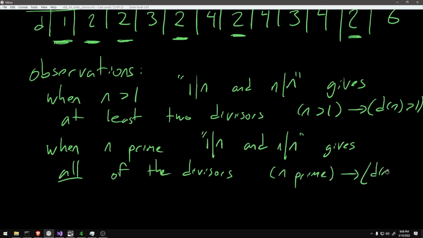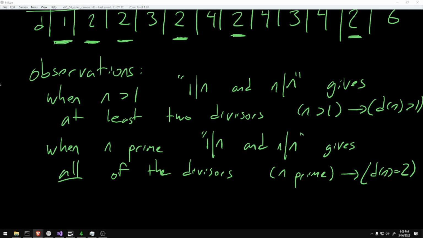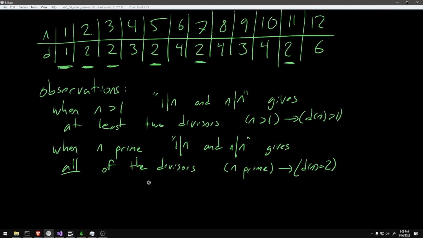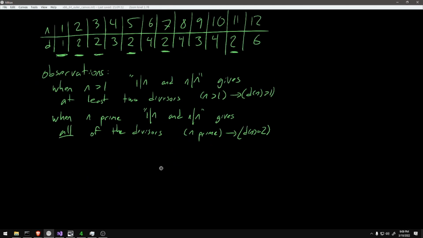Then I notice that if n is any prime, you'll get exactly 2 divisors, because 1 divides n and n divides n, and since nothing else can divide n, since we said n was prime, those are the 2 divisors.